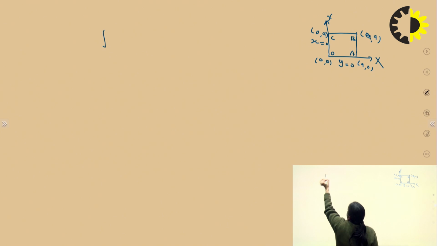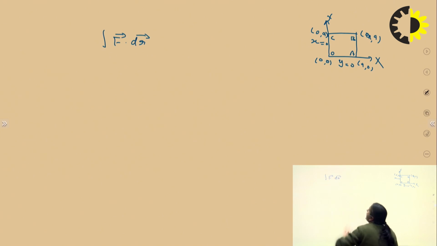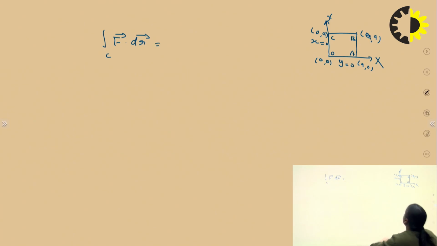Now the LHS of Stokes theorem is the line integral of F vector dot dr vector. So we have to find the line integral of F dot dr along the square.